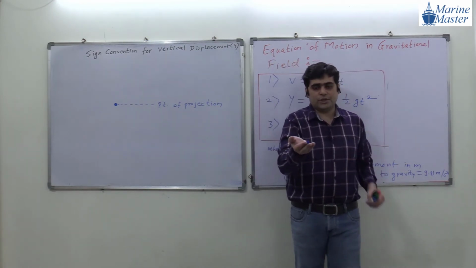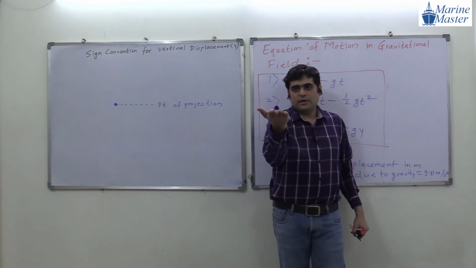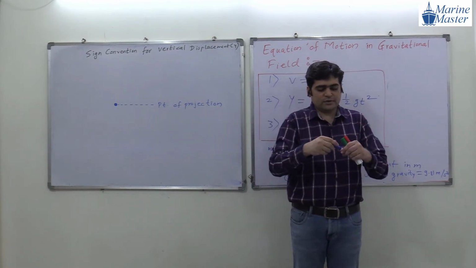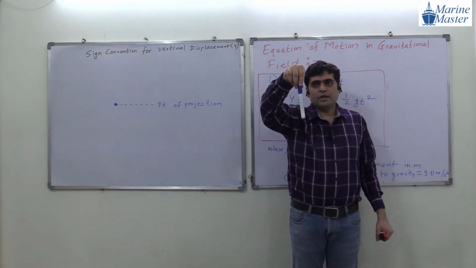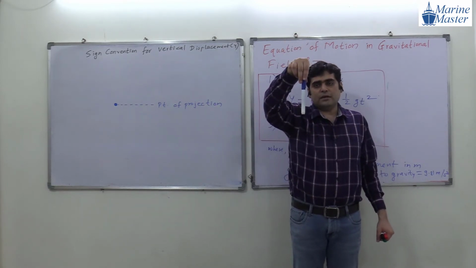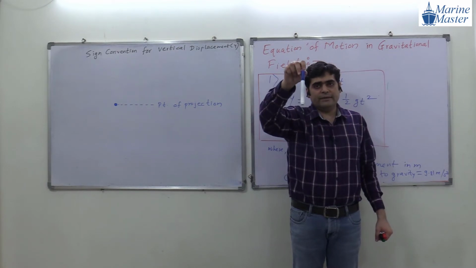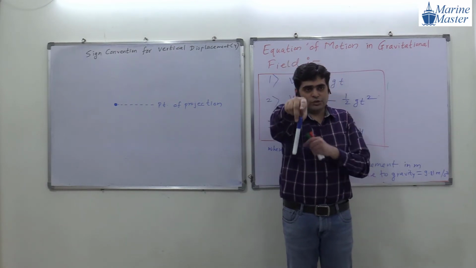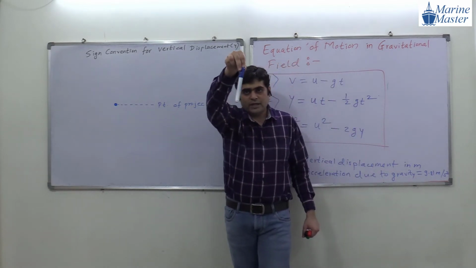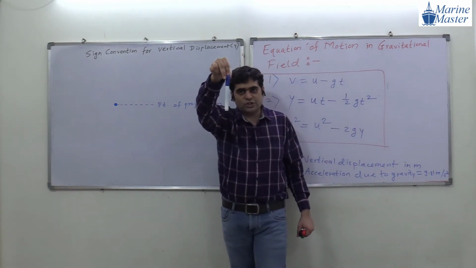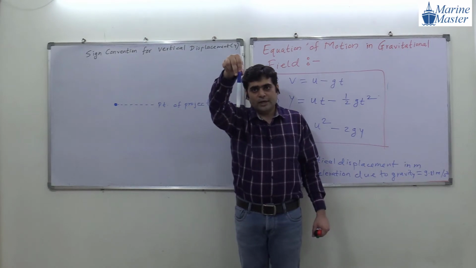Just suppose I am throwing a pen. This pen is visible to everyone. Now the pen is leaving my hand. So this position is the point of projection.